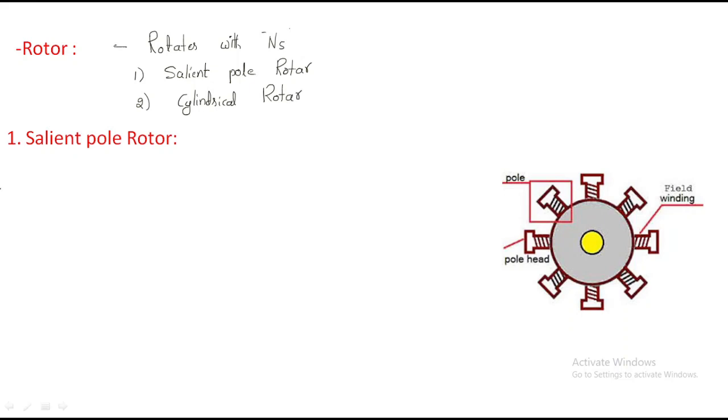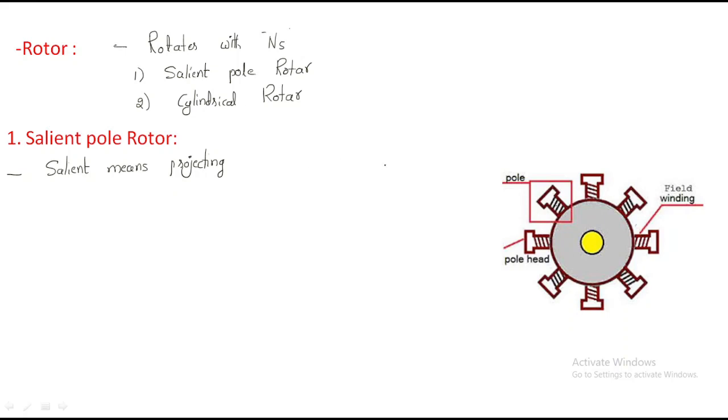First is the salient pole rotor. Salient means projecting. What is that meaning? Look at here. These are the salient poles.